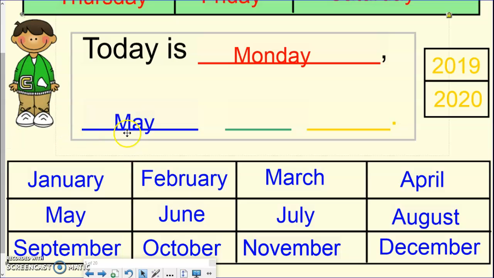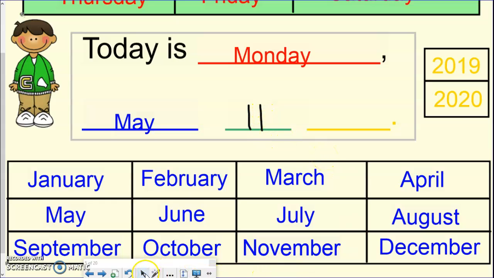Now it's May, and then the number that we uncovered with our balloon was the number 11. So you go straight line down. Always start at the top when making your numbers and your letters. But when we make our one, we start up at the top and go all the way down to the line. Another one, all the way down to the line.